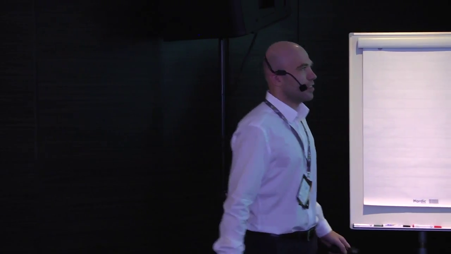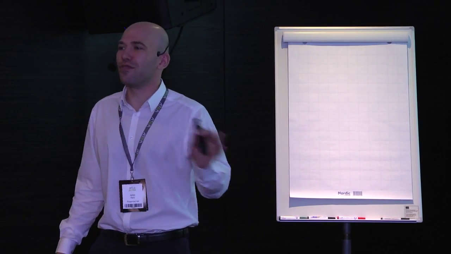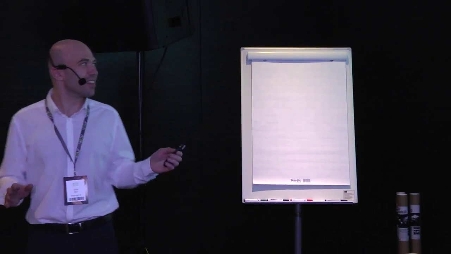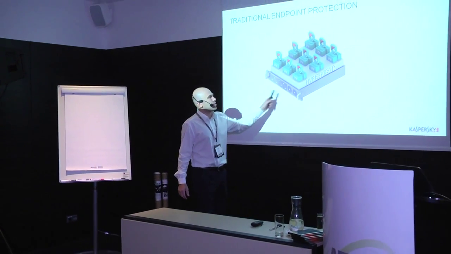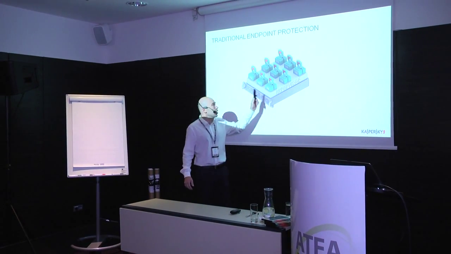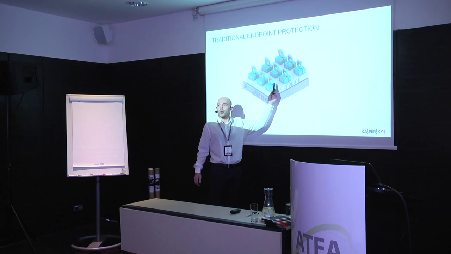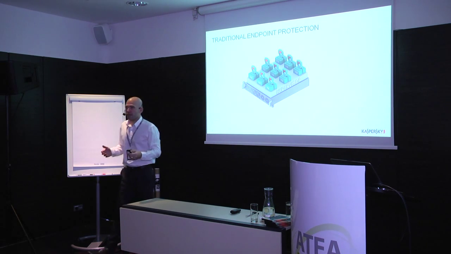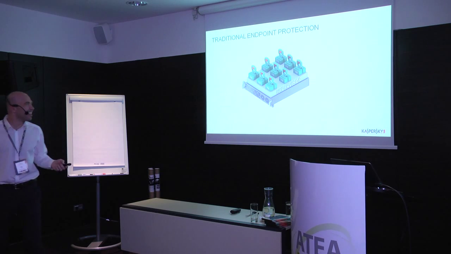Okay, let's look at why traditional antivirus is bad for virtualization. It sounds strange, I know, but let me explain. Here are the physical server, the hypervisor, and each virtual machine has the traditional endpoint installed on the machine, yes? Why is this not so good, from my point of view and my colleagues'?